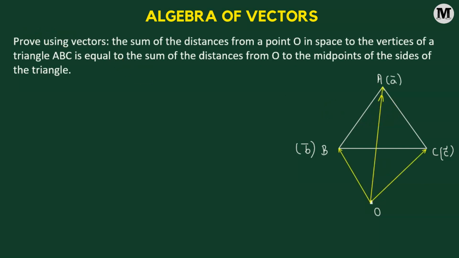Fine. Now that we have the position vector defined for each of the three vertices, let's find the midpoint of each of the three sides.